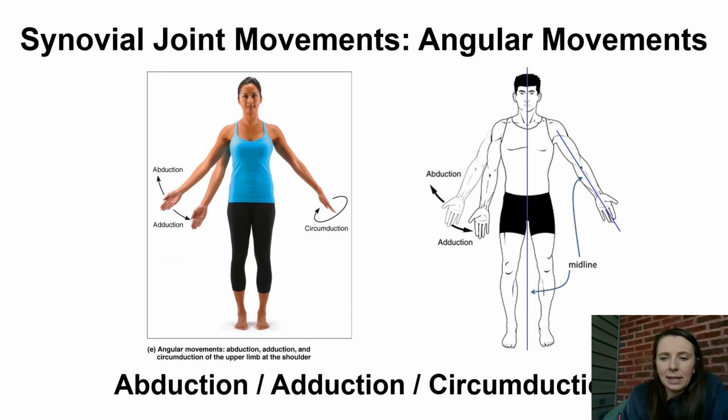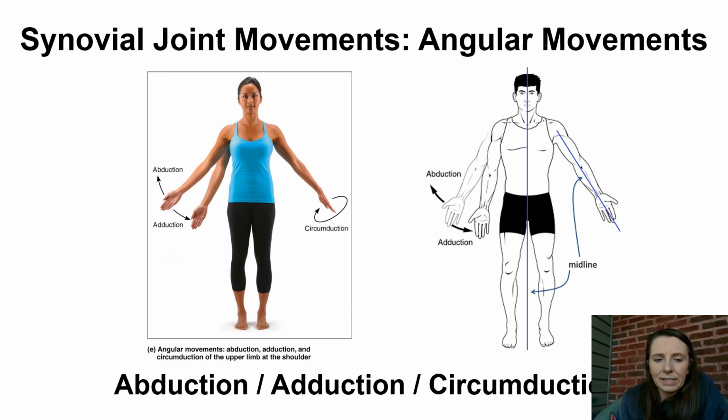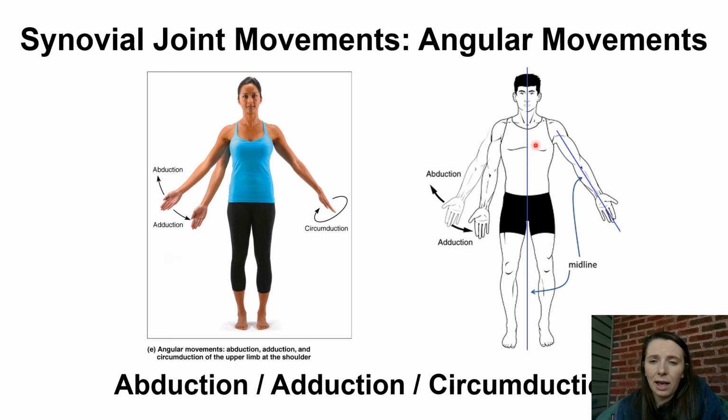The next three types that I had mentioned previously were abduction, adduction, and circumduction. So abduction, I mentioned before, is a movement where you're moving away from the midline of the body. And so here, this slide is an example of what I mean by midline.